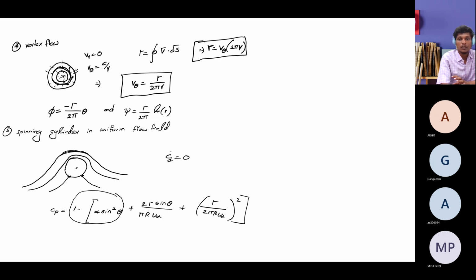But from this theory, we also mostly heard about D'Alembert's paradox, where from the experimental results of flow over a cylinder, a spinning cylinder or a static cylinder, we see a significant amount of drag.